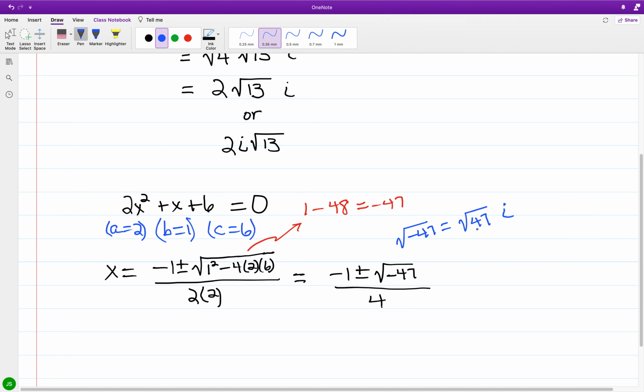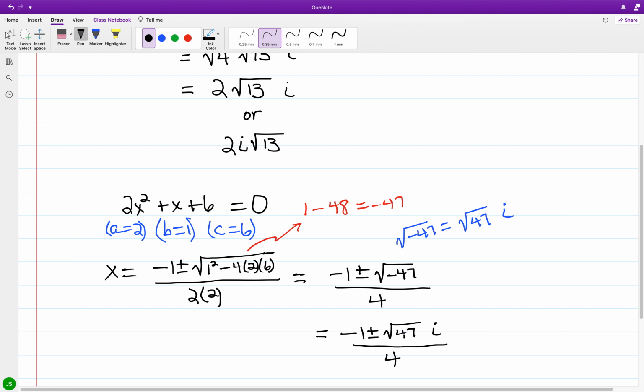And 47 is a prime number, and the highest perfect square that is divisible into 47 is only 1. So we're going to have negative 1 plus or minus i times the square root of 47, or the square root of 47 times i, and do not have i inside the radical, all over 4.